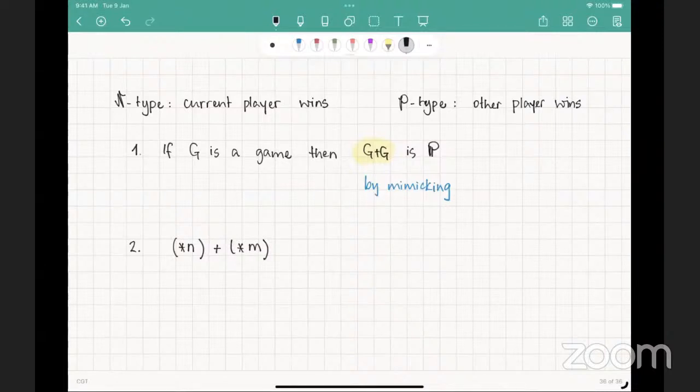And I want to say that this is P if and only if n equals m. One direction follows from what we have already seen. If n equals m, then the game is P. This follows from the previous fact.